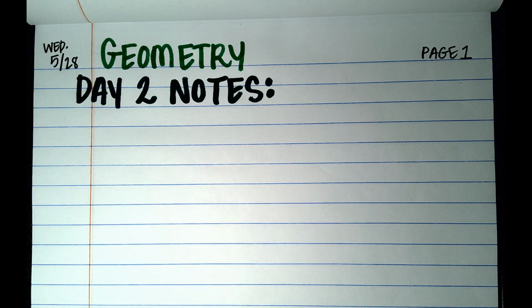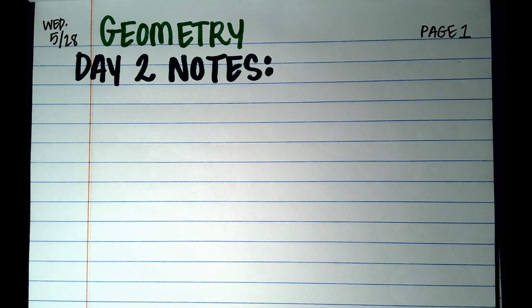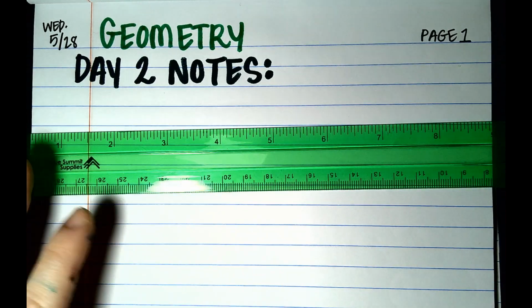We are going to start by just talking about a couple of vocabulary words and just define some of the things that we're going to be talking about. So, first, we've been talking about line segments. But we also want to talk about lines and all the other features and things that we're going to see in geometry.